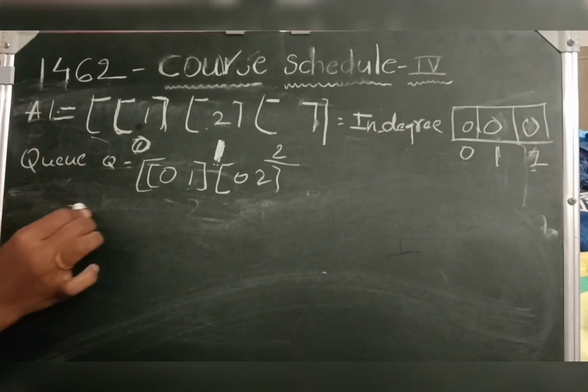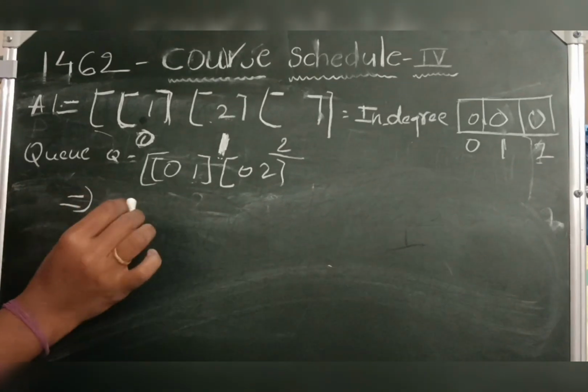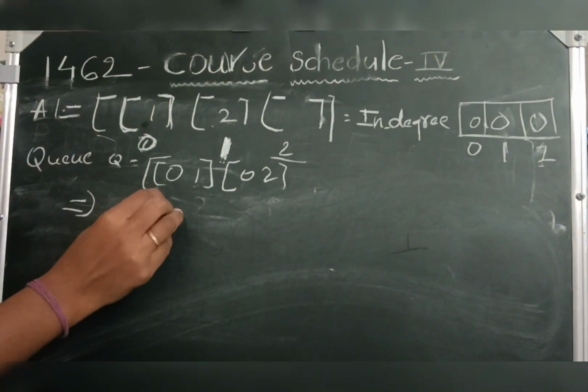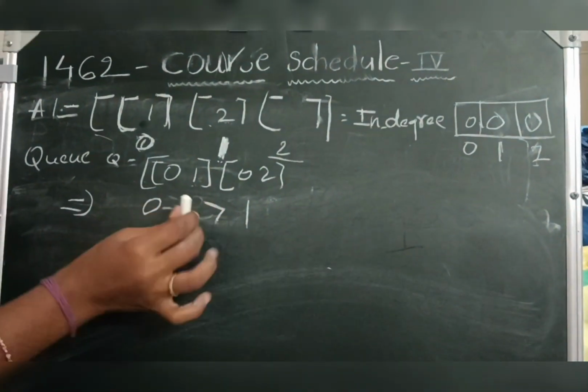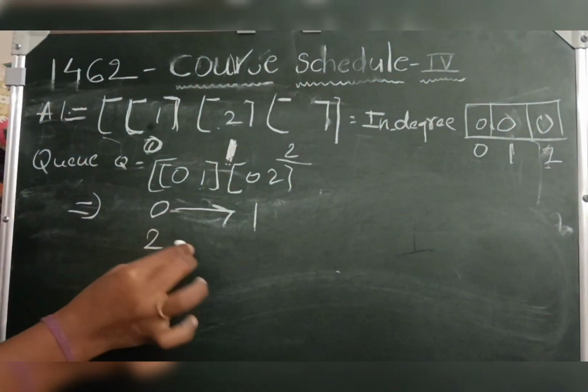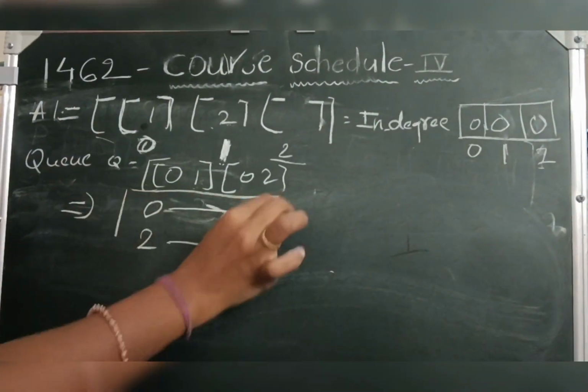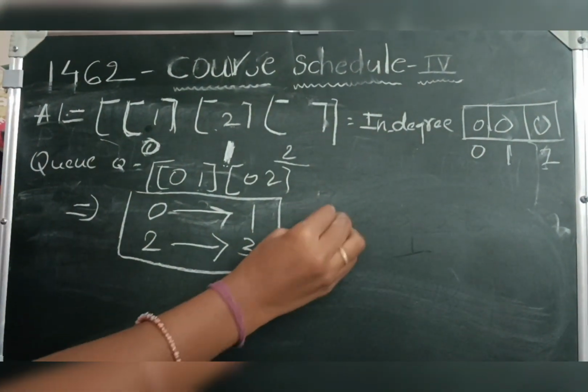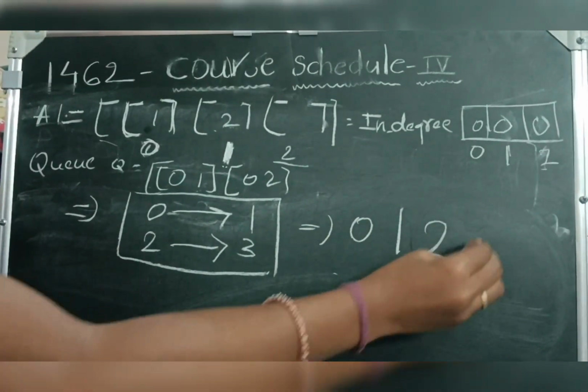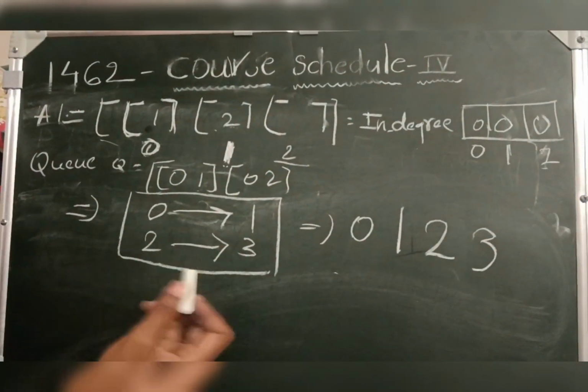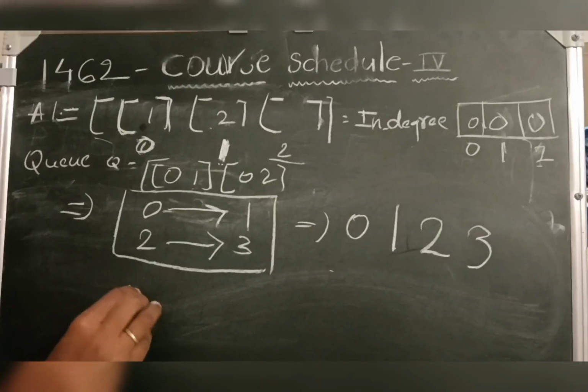But I will show one counter example. For example, the graph is like that: 0, 1 is one part of the graph and 2, 3 is another. When you perform the topological sort on this graph, you get 0, 1, 2, 3. In the query, they give 1 and 2.